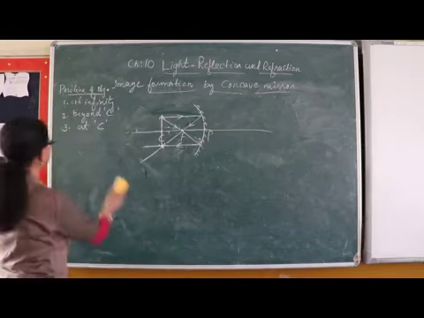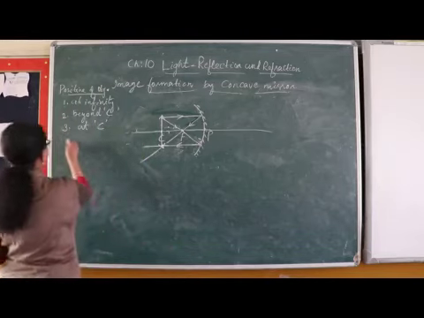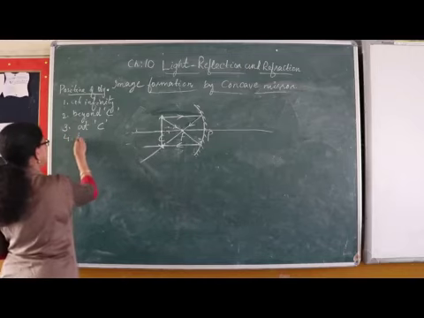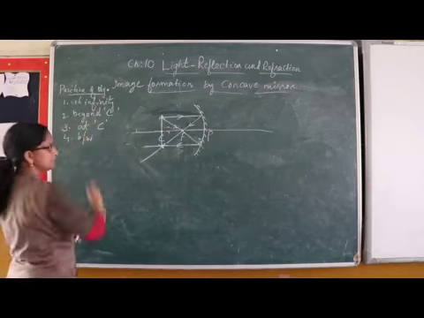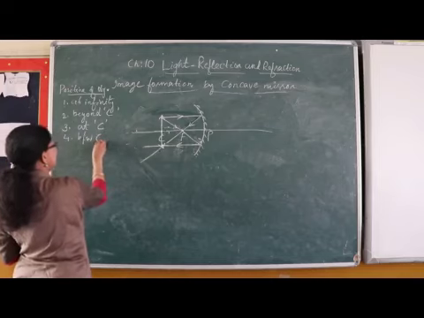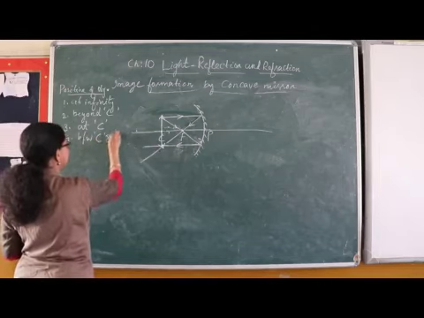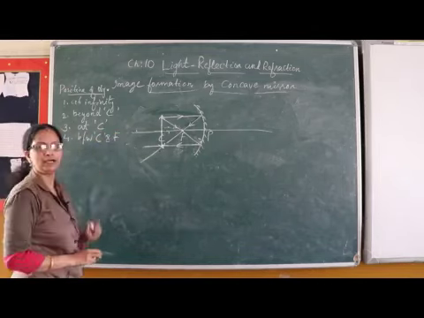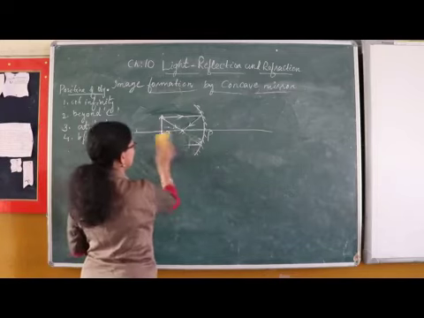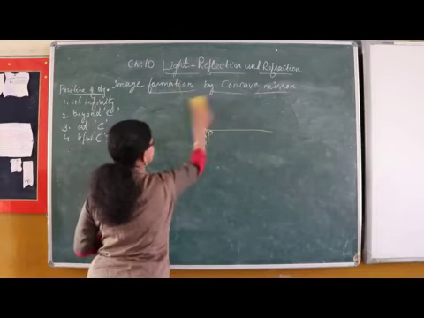Now the next situation is when the object is kept between C and F, center of curvature and principal focus. Now we can see how the image is formed in this case.